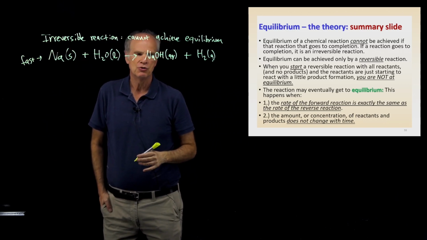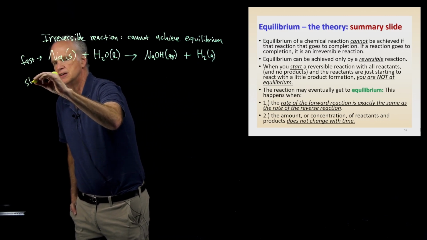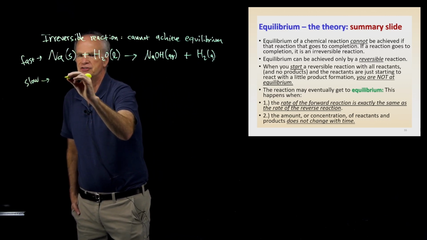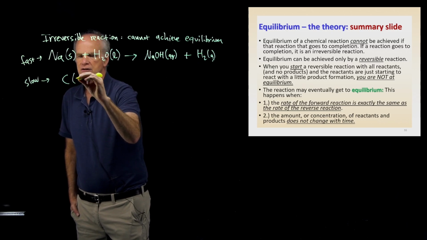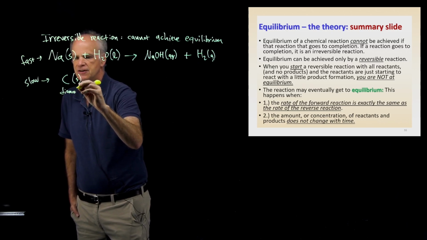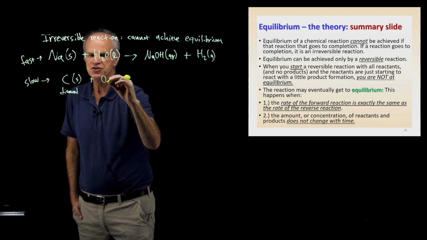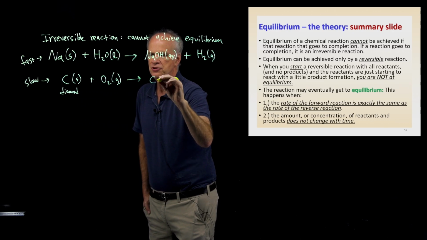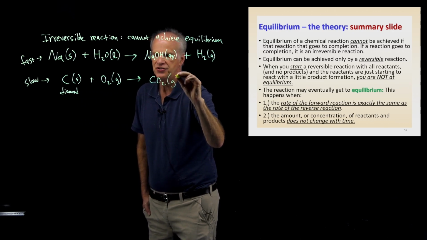Now, you might ask, how about that slow reaction? Is the slow reaction also irreversible? And the answer is yes. If you take carbon in the form of diamond, which is in the solid state, and it reacts with oxygen in the air, the oxygen in the gaseous state, it will produce carbon dioxide, also in the gaseous state.